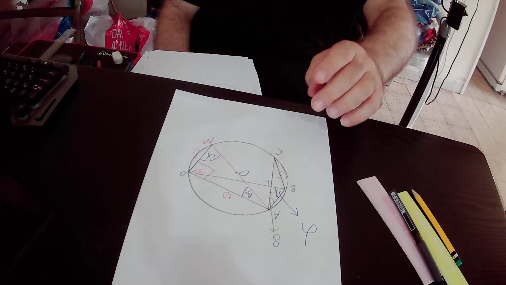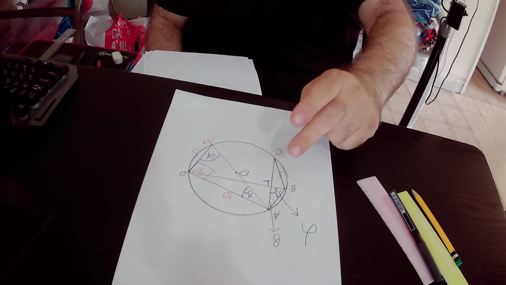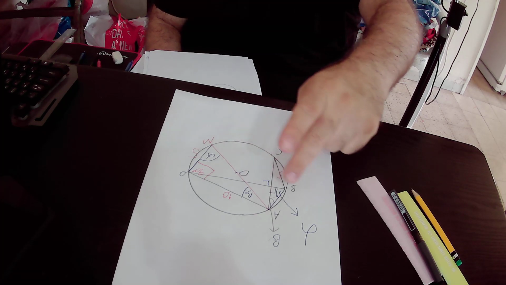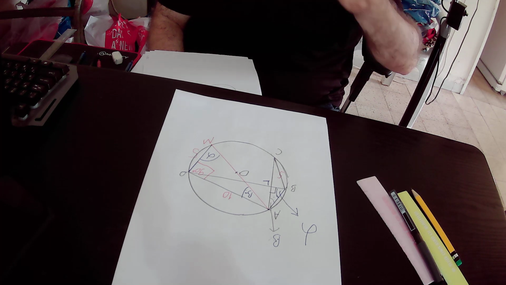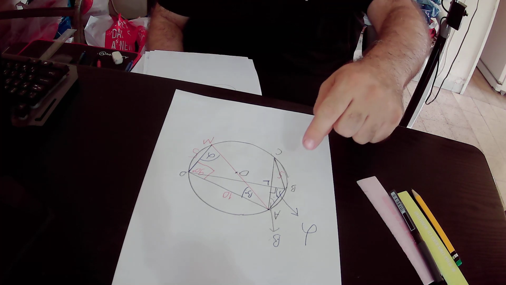Because those two angles are equal to each other, both of them equal to beta, they also rest on equal arcs.